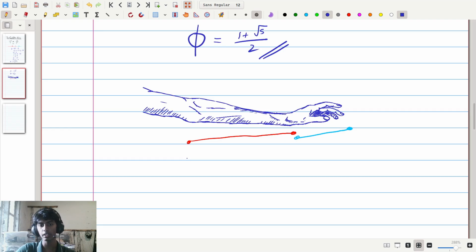If you take the total length of your hand relative to the red line, or the red line relative to the blue line, you will see that you have approximately the golden ratio. Now it could be a little bit up and down, of course, since everyone's proportions are not perfect, but you will generally be able to observe this ratio in your body.